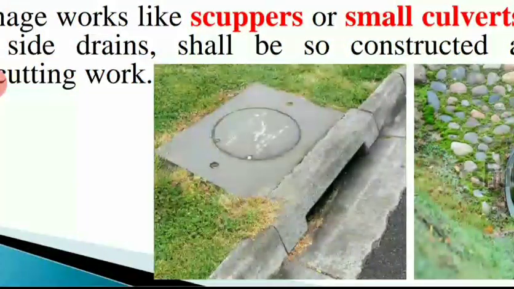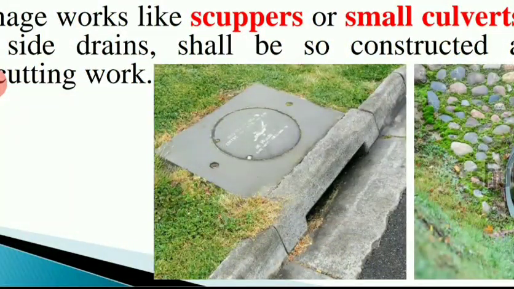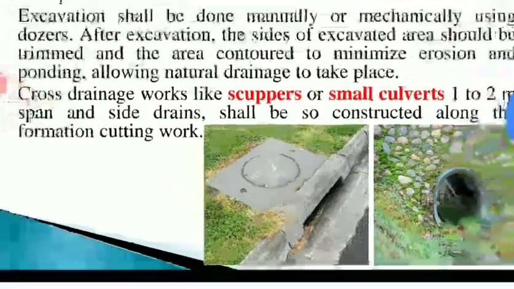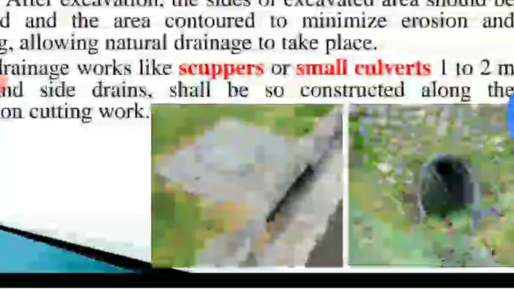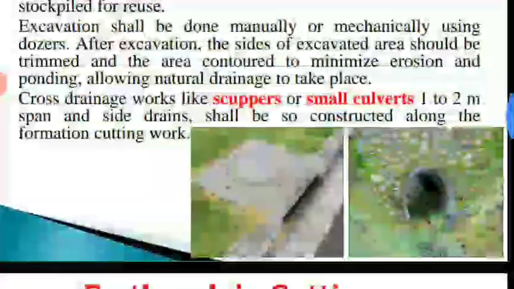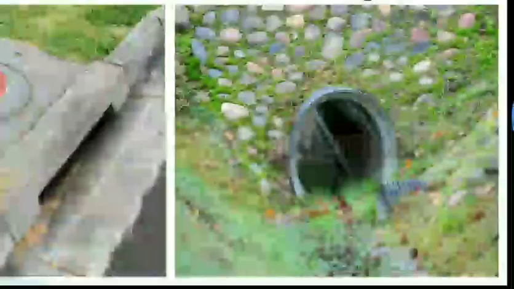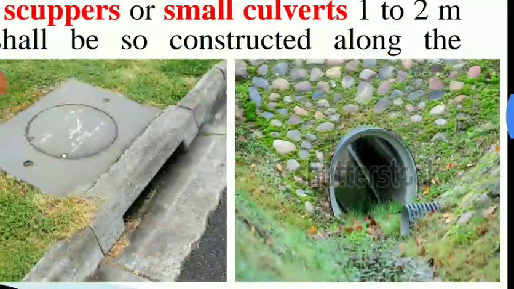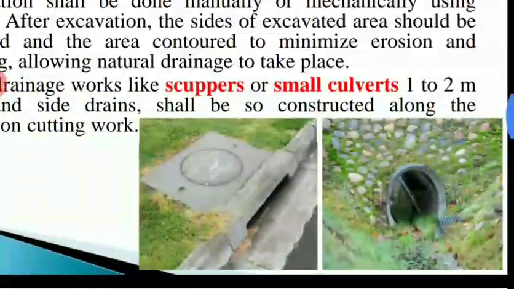After the excavation, if you have provided a certain drainage system, the stagnant water on that excavated layer can be easily drained off. Or else we need to bring a pump and lift that water, the cost of pumping will increase, and it leads to uneconomical work. In some cases we can also provide small culverts up to 1 to 2 meter. Here you can see the culverts, just to pass the water from one side to the other side.